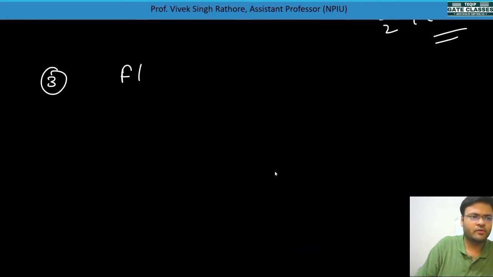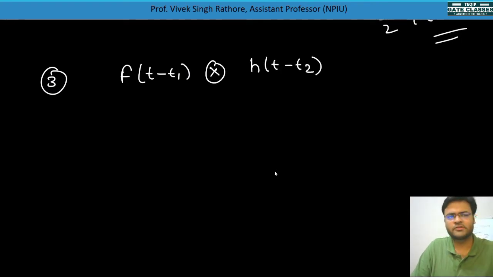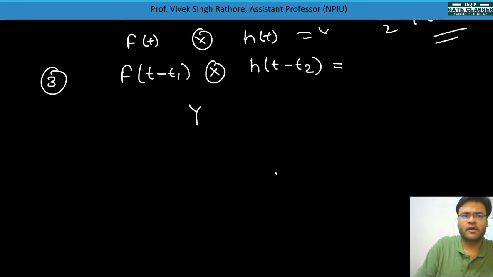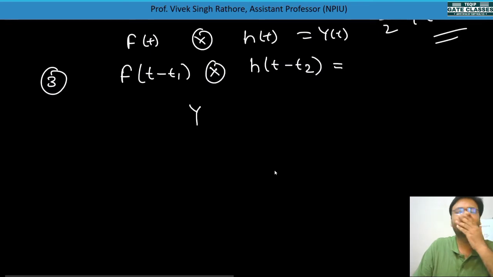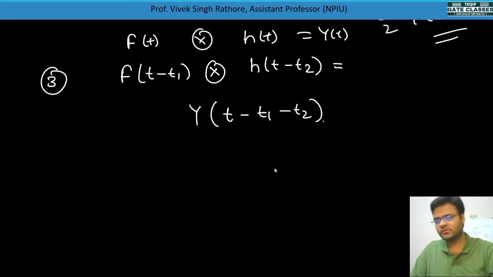If we do time shifting in the input, and some time shifting in your impulse response, what output will you get? If f of t convolved with h of t was y of t, then with t minus t1 and t minus t2, you will get y of t minus t1 minus t2.